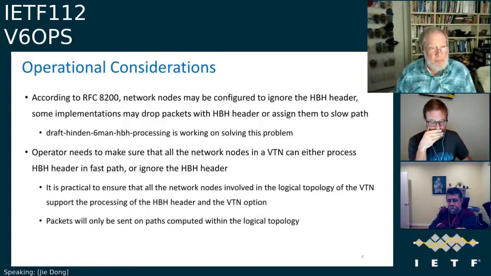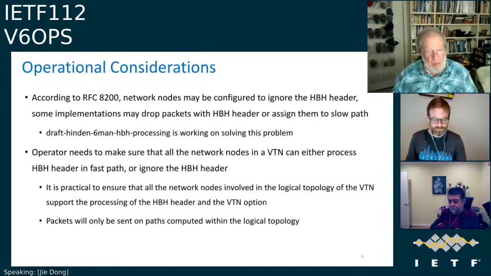And we would like to see that draft making progress. At the same time, before we have this mechanism ready, operators need to make sure that when they use the VTN mechanism, all the network nodes involved in the VTN can either process the hop-by-hop header in the fast path or ignore the hop-by-hop header.